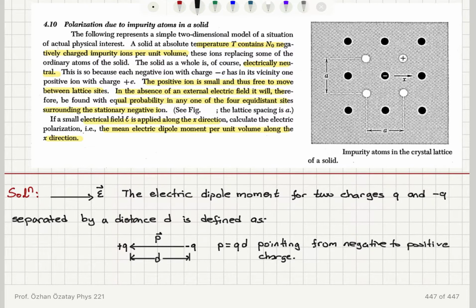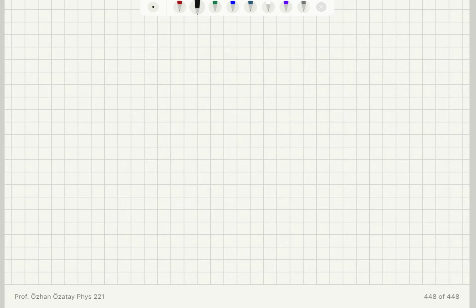Okay, so in the case of the problem, we are describing the placement of the positive ions in four equidistant sites with respect to the negative ion. So we can have four possible scenarios. So let's talk about those scenarios.